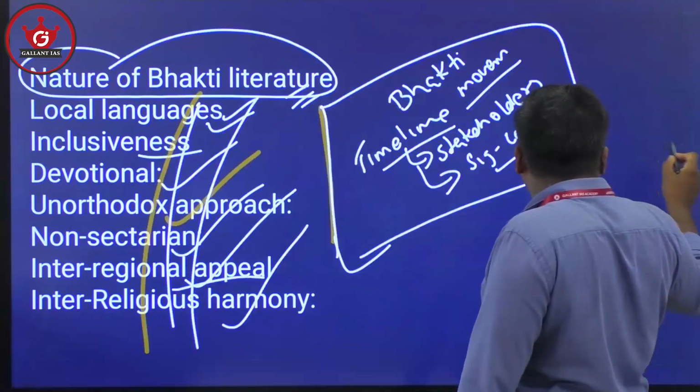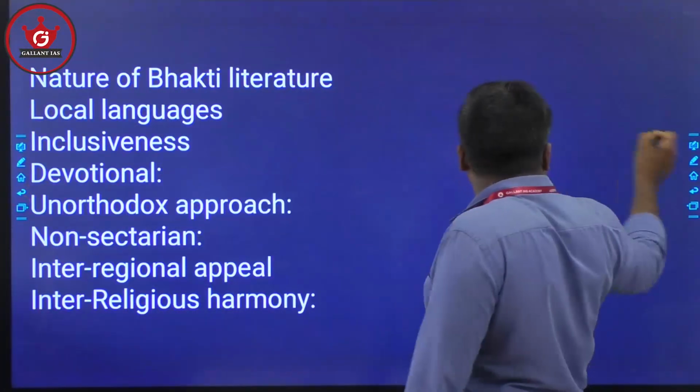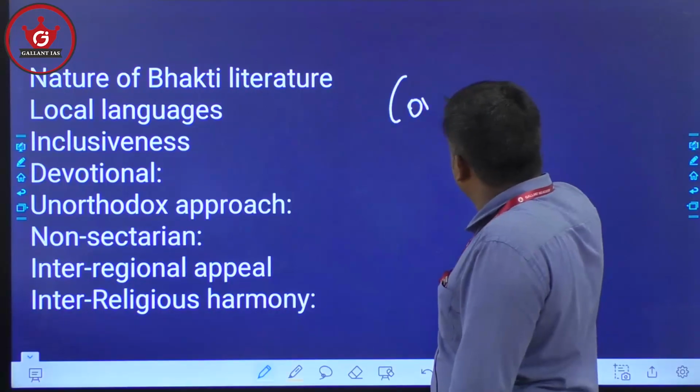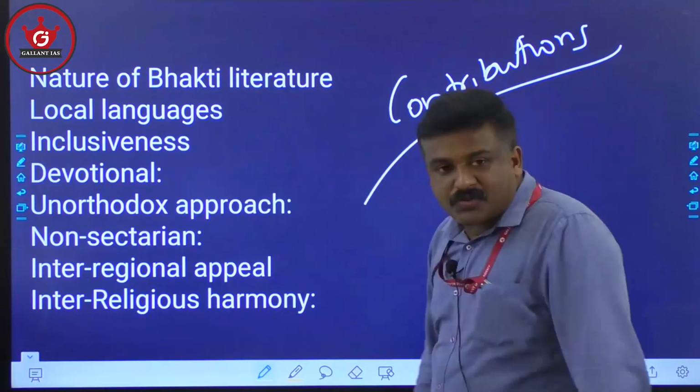Now there is a second part of the answer. The second part of the answer is the contributions of the Bhakti literature.